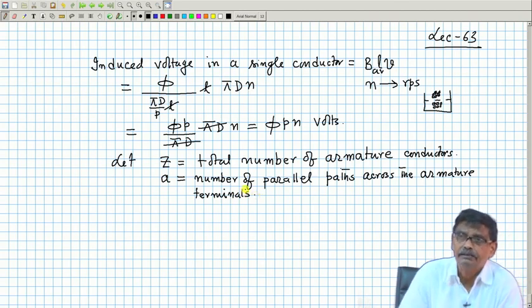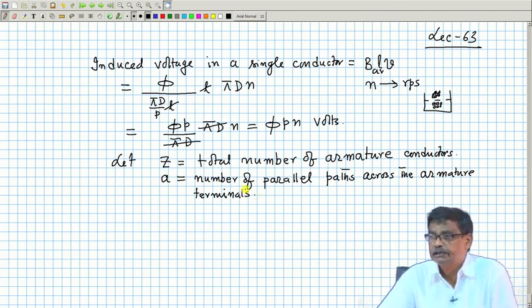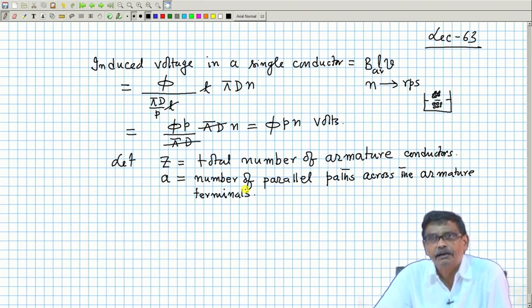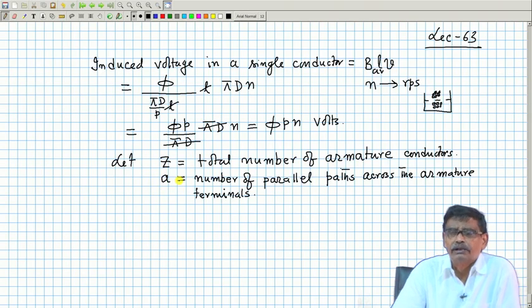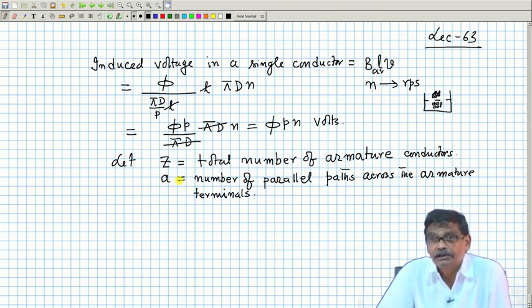Because we have seen, at least in case of lap winding, between the brushes it is divided into as many number of parallel paths between plus and minus brushes as the number of poles. So I take a general case, because I have not yet investigated wave winding, maybe the number of parallel paths will be different.